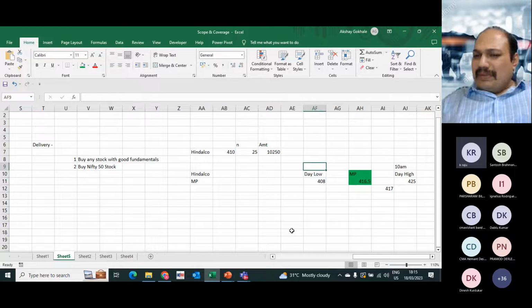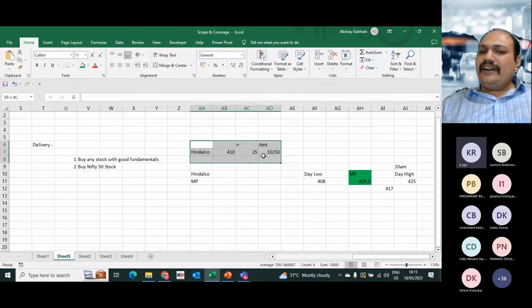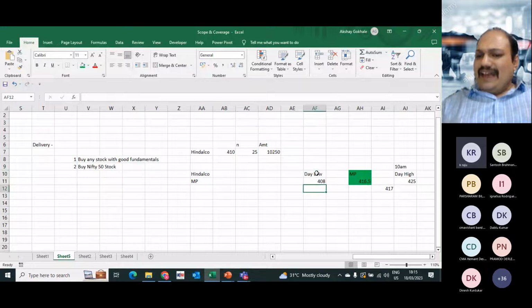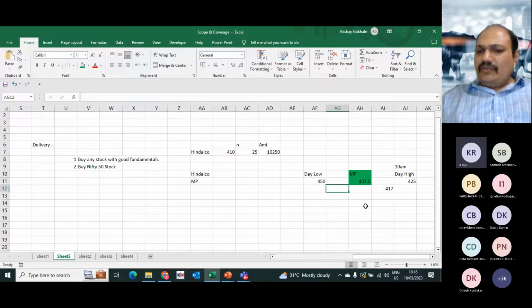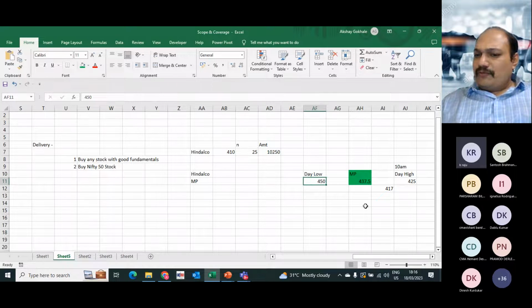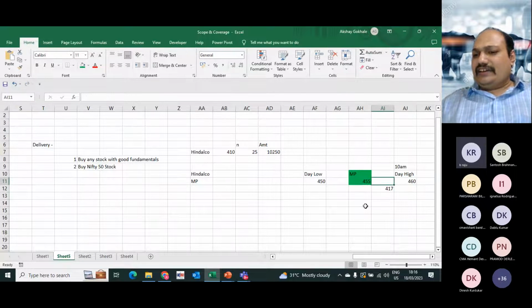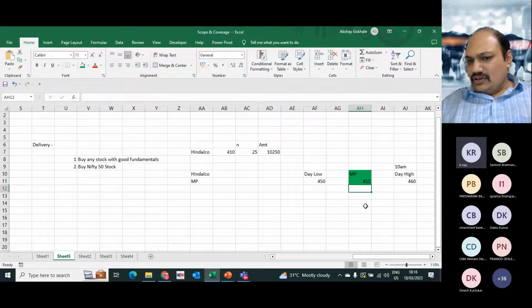The same thing you have to repeat in the stock in which you have already taken the delivery. When that stock goes 10% higher than your buy price, say 450, with day low of 450 and day high of say 460, I suggest you not to exit from the stock.